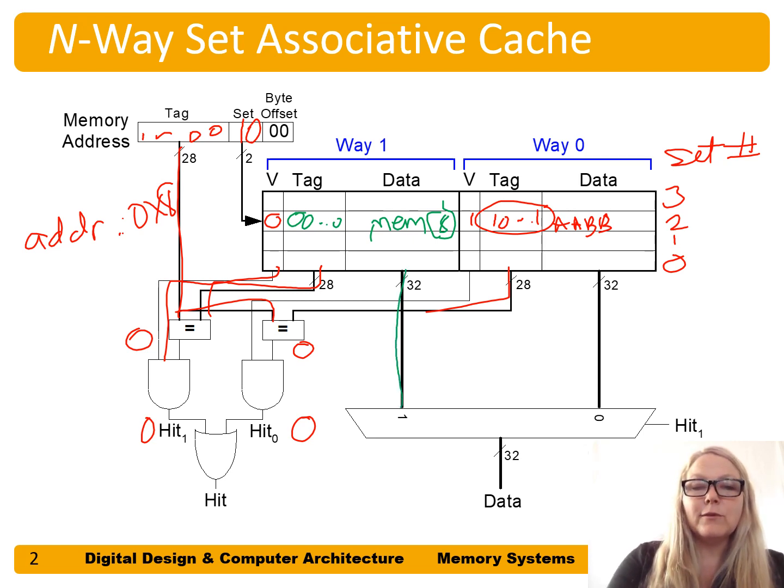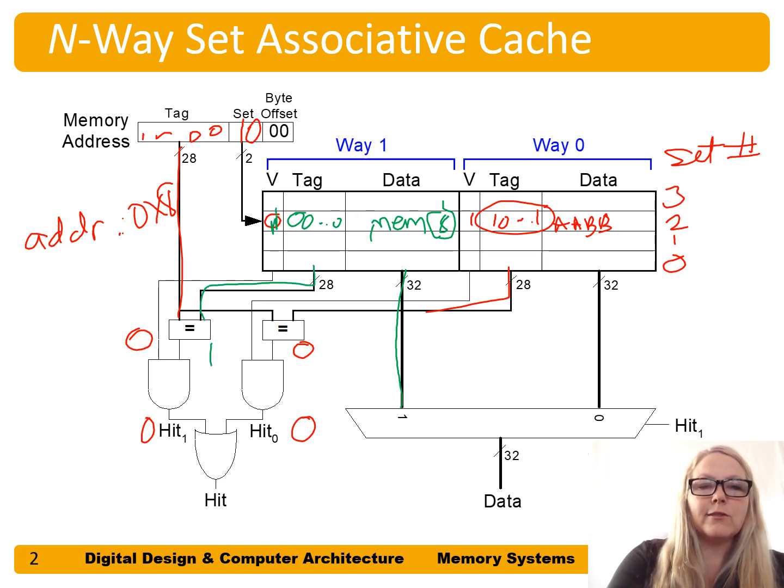Now let's erase all this. Now it would compare that tag to the tag in way 1, and it would say, yep, hit. We'd have to make sure to replace that valid with a 1, and now would get a hit in way 1. And this would say hit, yes.